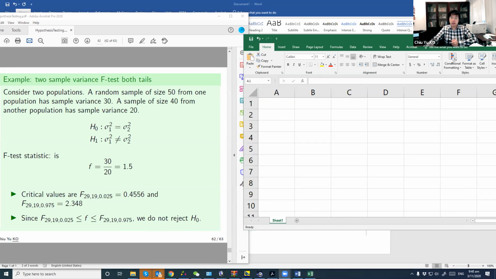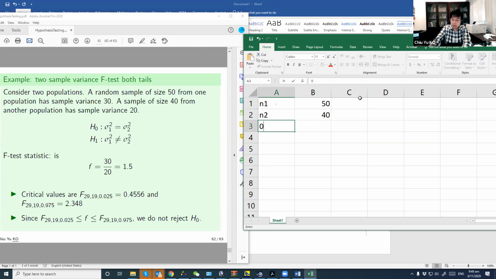So let me show you. The N1 is 50 and N2 is 40, and we're looking at 0.025 and 0.975.